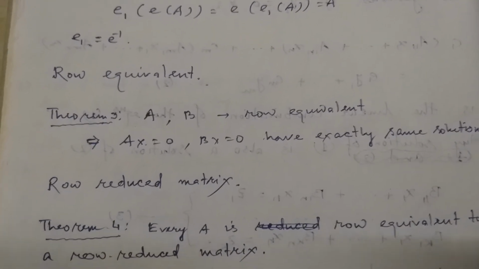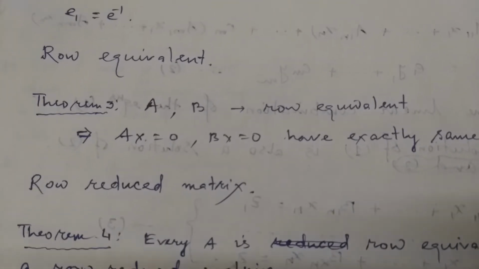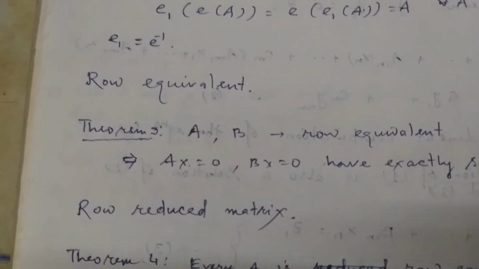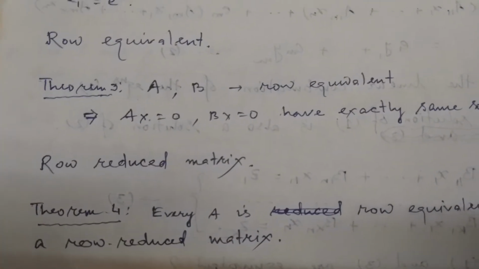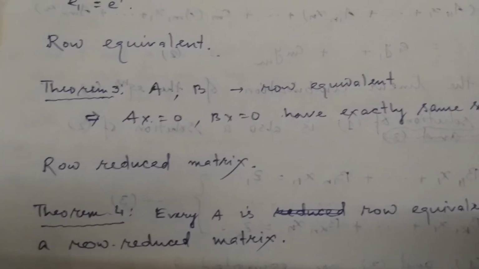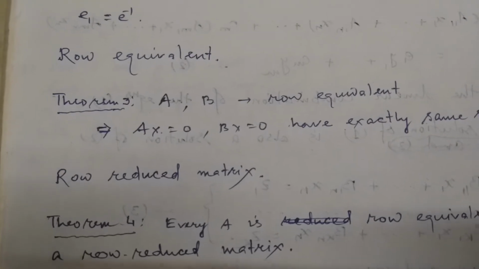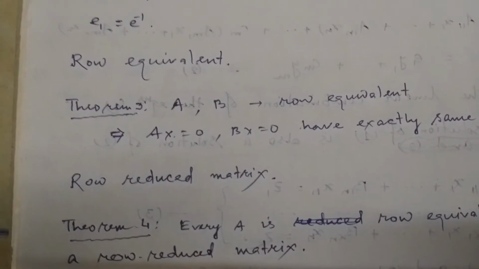Next, row reduced matrix. Recall what a row reduced matrix is; you have studied it in detail in your undergraduate classes. The first element of each row must be 1, and the other elements in the column of this 1 will be 0.